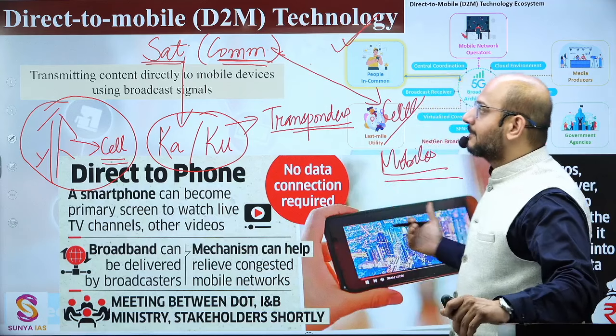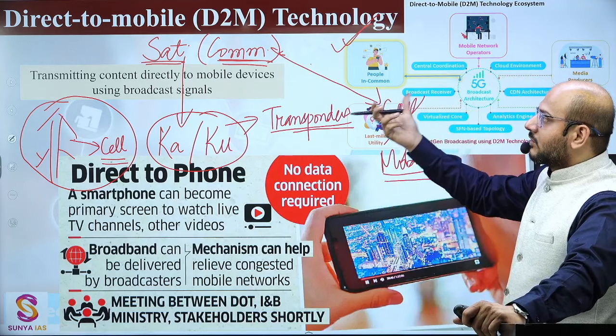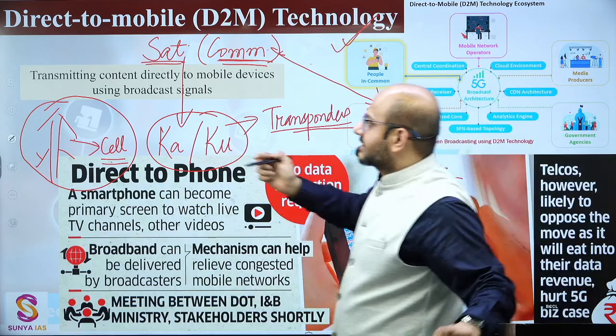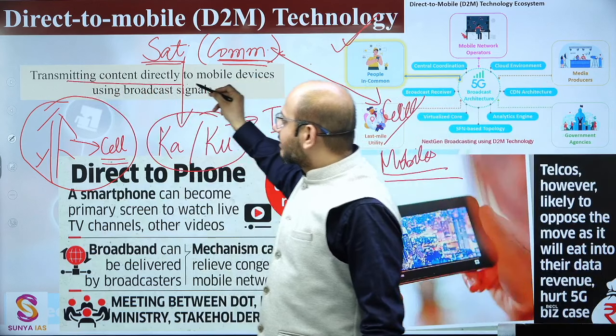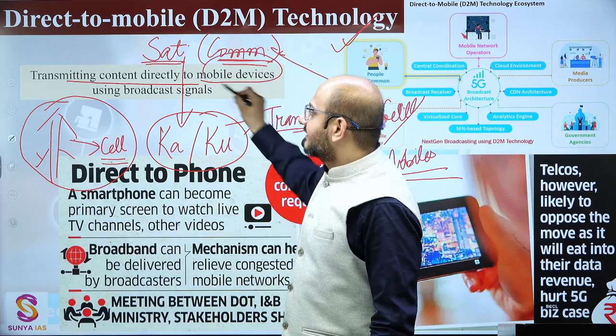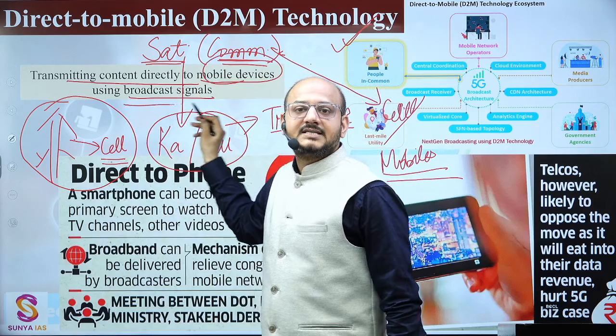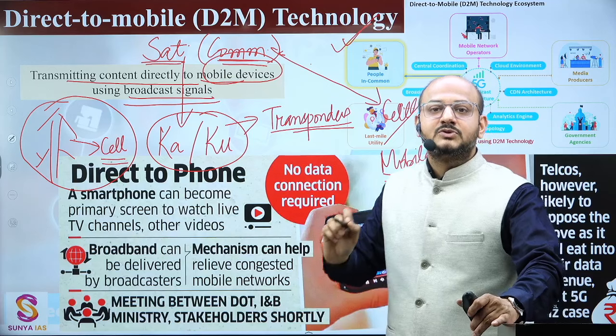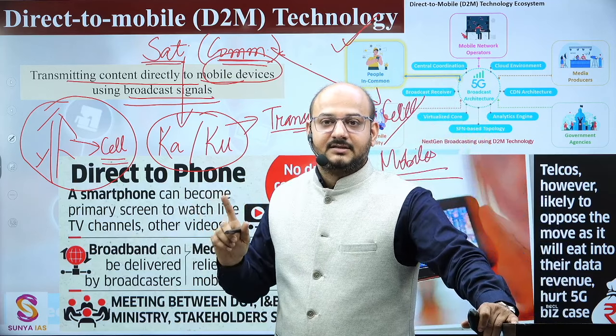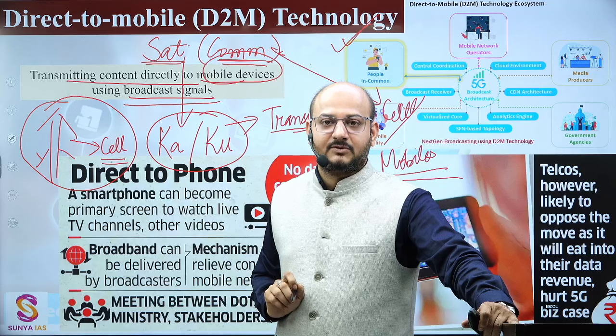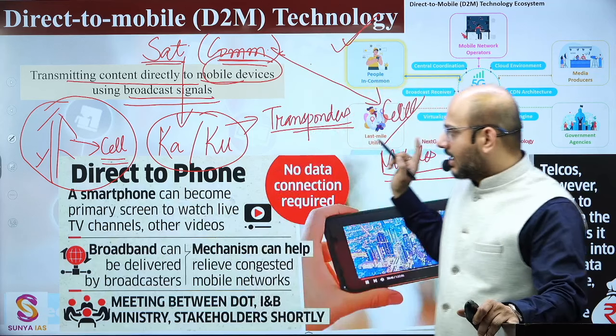So they may be opposing it. It is a technology called direct to mobile: transmitting content directly to mobile devices using broadcast signals without the use of land towers. Towers की जरूरत नहीं है हमको. I hope this is clear.